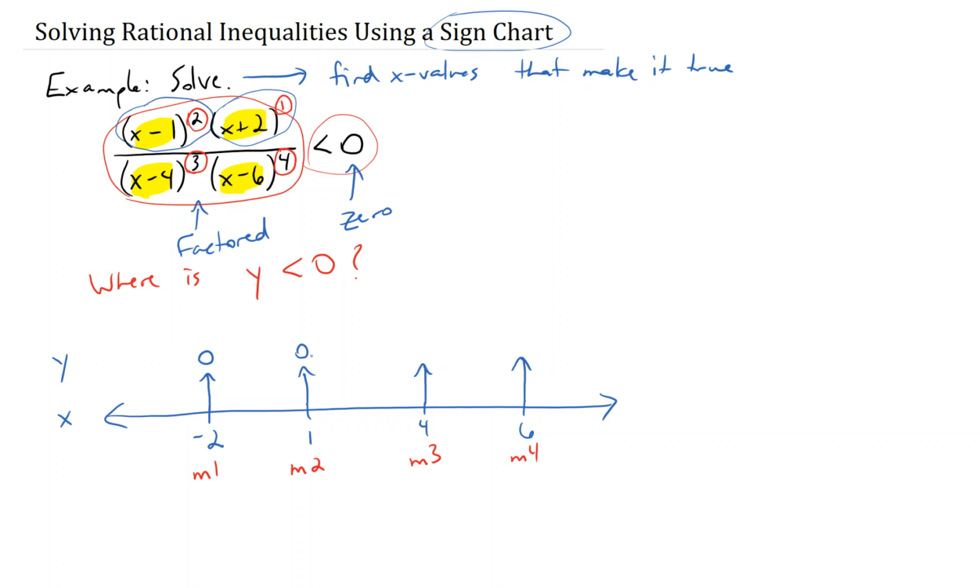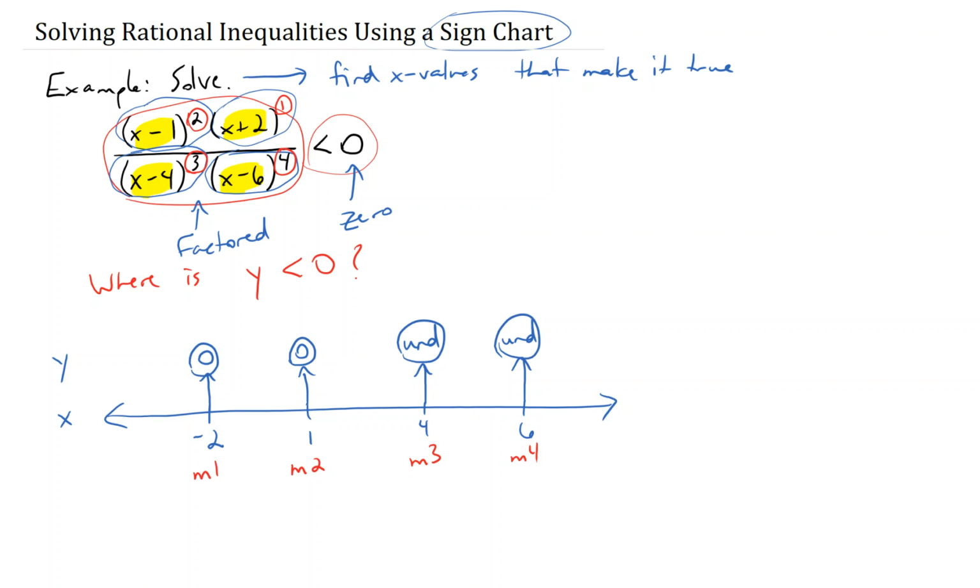Same idea. If I plug 4 in for all of my x's, it makes my denominator 0, which you can't divide by 0, so that makes y undefined. And if I plug in 6 for all my x values, it makes my denominator 0 again, which makes the whole fraction y undefined. Okay? So I've got 0, 0, undefined, undefined.